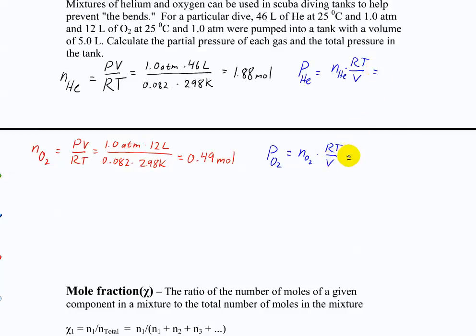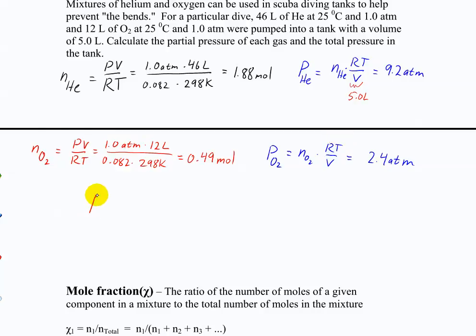And if we plug those numbers in, you get 9.2 atmospheres for helium and 2.4 atmospheres for oxygen. The only thing that's changed here is now our volume is 5 liters because we've put them all into this new tank. So that's the partial pressure of each gas in the final tank.